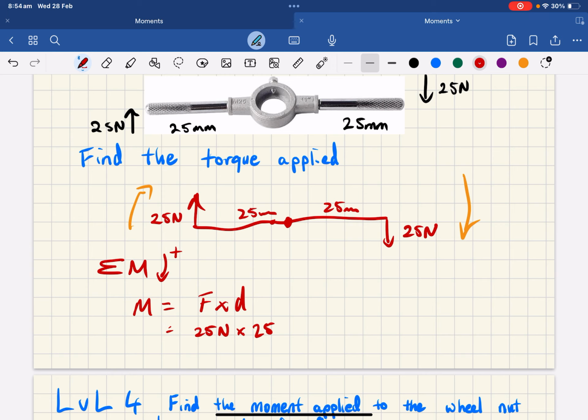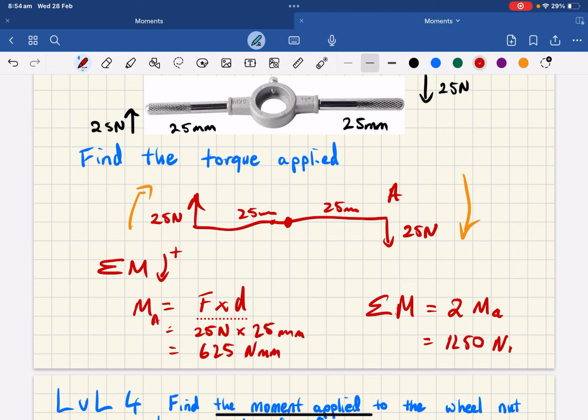Got to check it on my calculator. That's a bit sad. I should have known that. It is 625 Newton millimeters. But that does one of them. We've got two, so let's call this one A. We did A first, so the sum of the moments equals 2 moment A. So 625 times 2 is 1250 Newton millimeters.